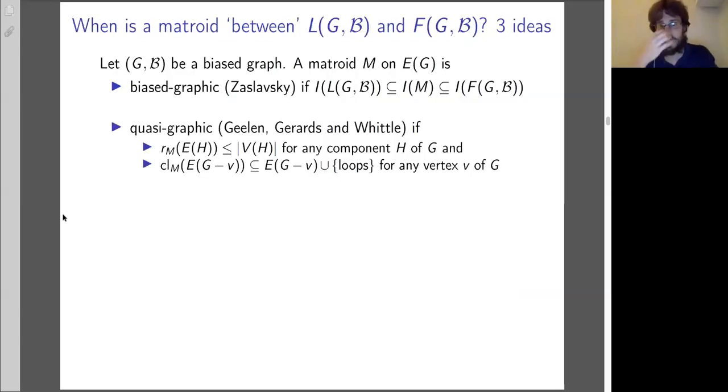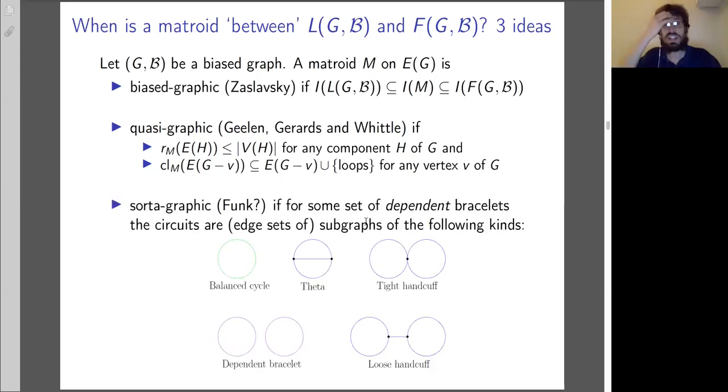Essentially this is saying none of those types of circuits has a leaf in it. The way they phrased it was to say that if you take the closure of the set of edges in the rest of the graph, then that's included just in the set of edges of the rest of the graph and otherwise only contains loops. Maybe it contains a loop sitting at the vertex, but that's all you can get.